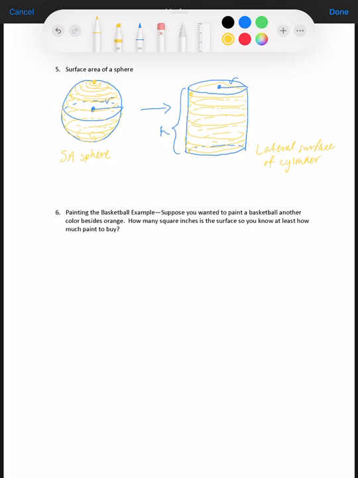Amazingly enough. And so we can go ahead and compare these lengths, or the areas.